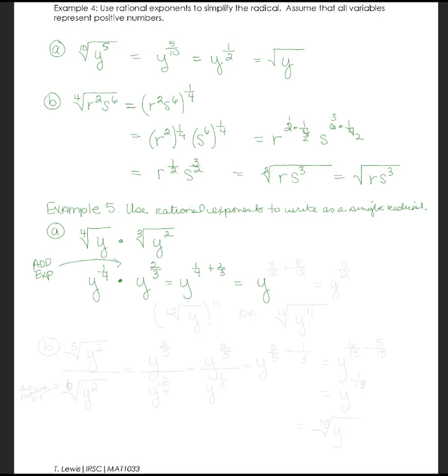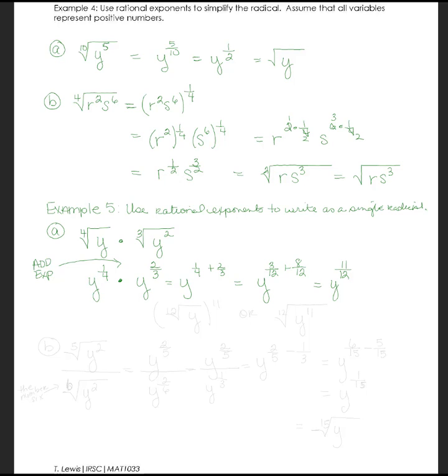So 1/4 becomes 3/12, and 2/3 becomes 8/12. Now that we have a common denominator, add the numerators, keep the denominator the same. So we have y to the 11 over 12.